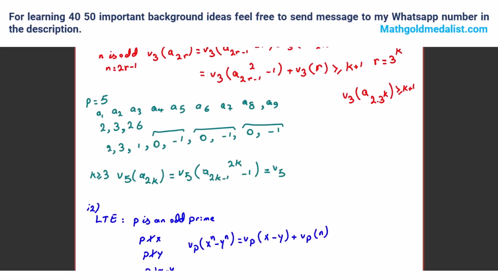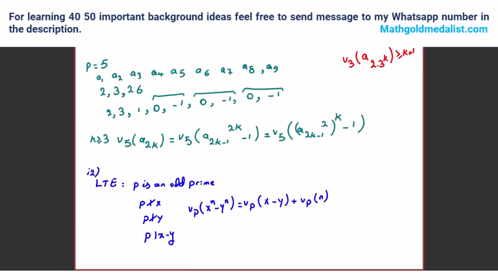And because we know A_(2k-1) is negative 1 from this one, we can say v5 of (A_(2k-1) squared) to the power k minus 1. Now we know it is 1 mod 5. So these conditions would be satisfied if you consider this one as x, this one as y: 5 divides this minus 1, because this one is negative 1, and squared it is 1.